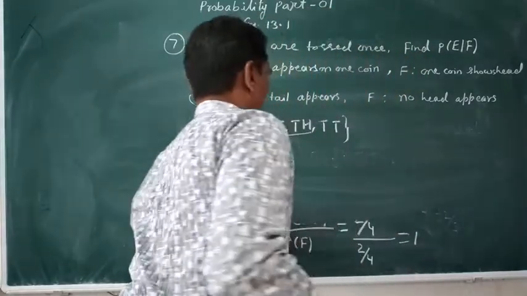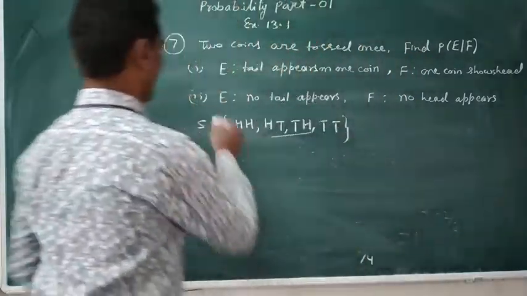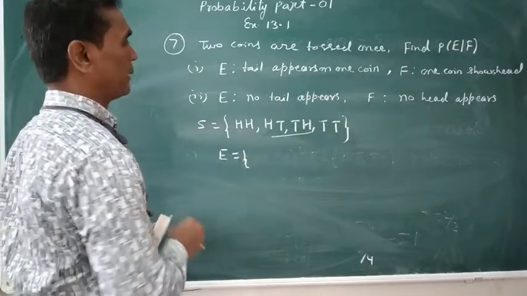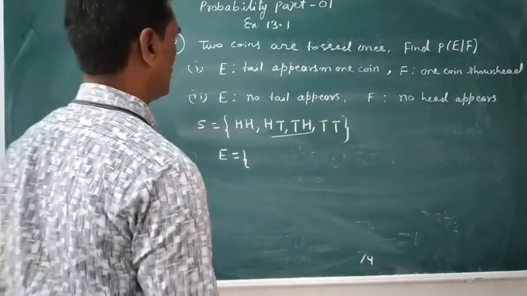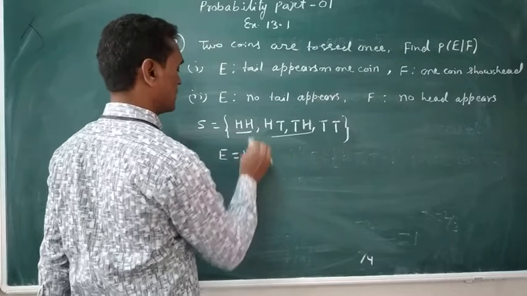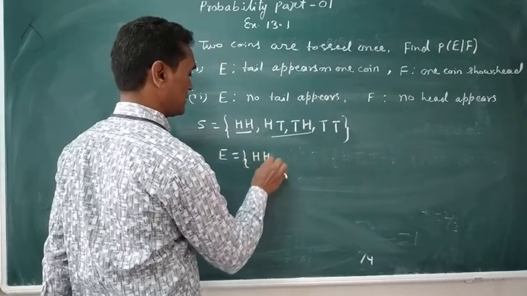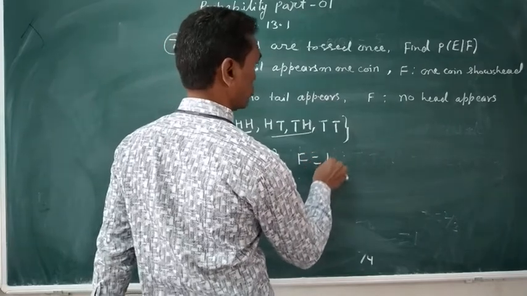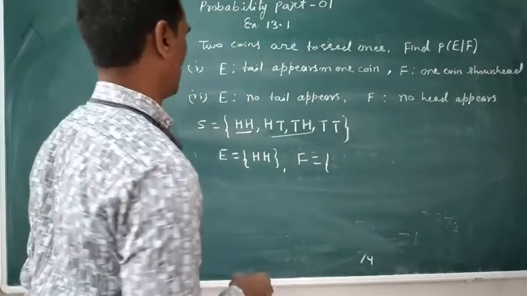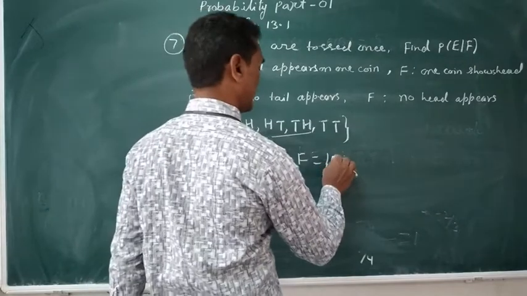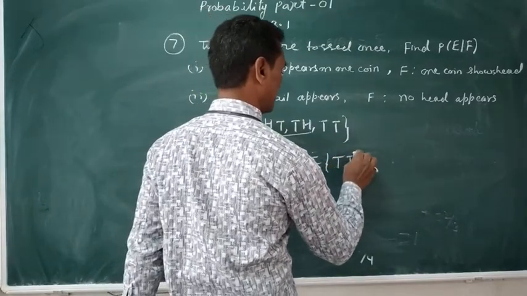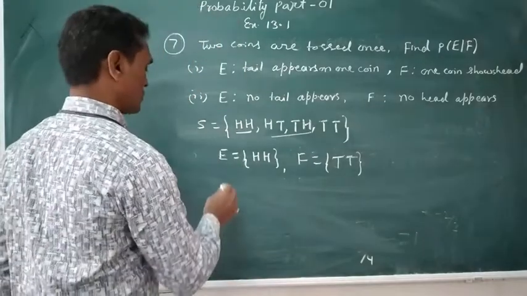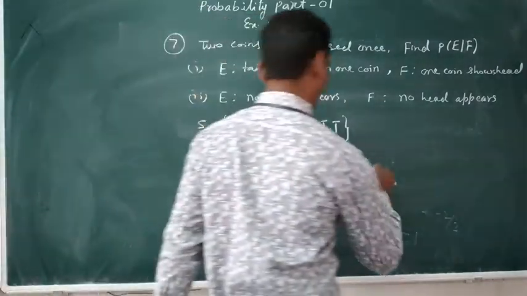Now for the second part, again you find when E is no tail appears. There should be no tail. That means only this H, and F is no head appears. No head appears means tail. So the intersection will be empty.